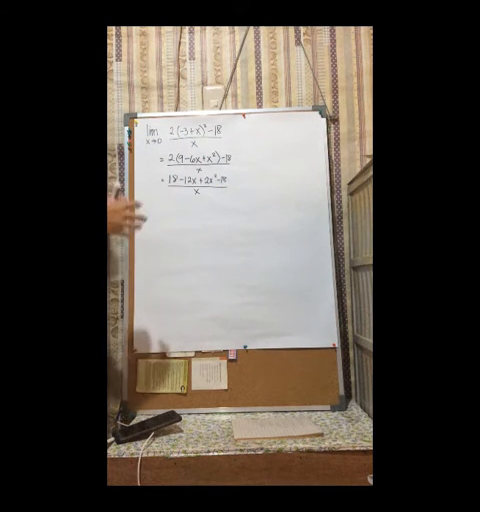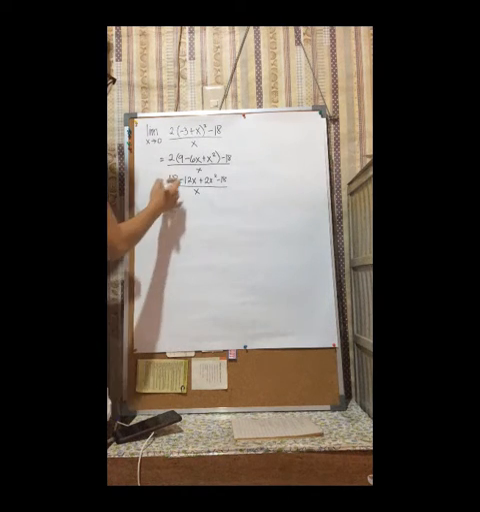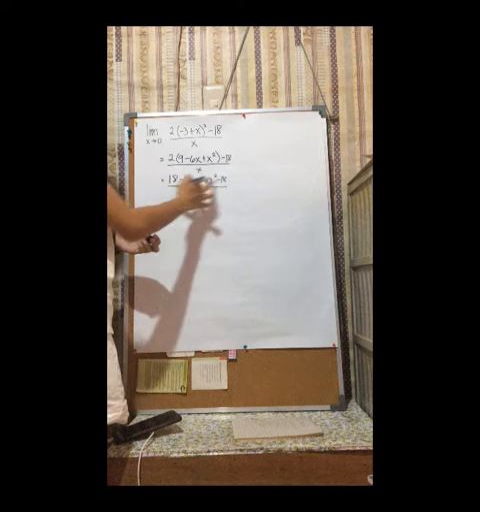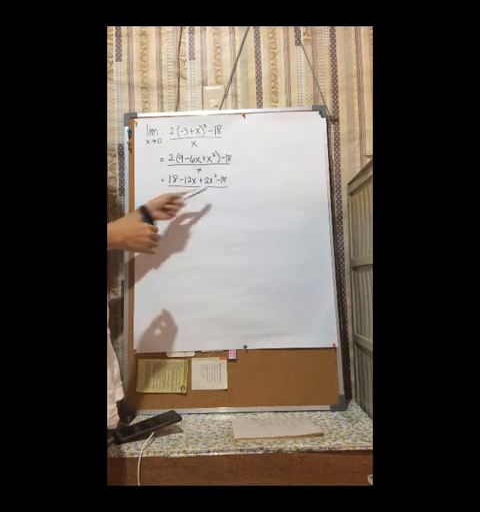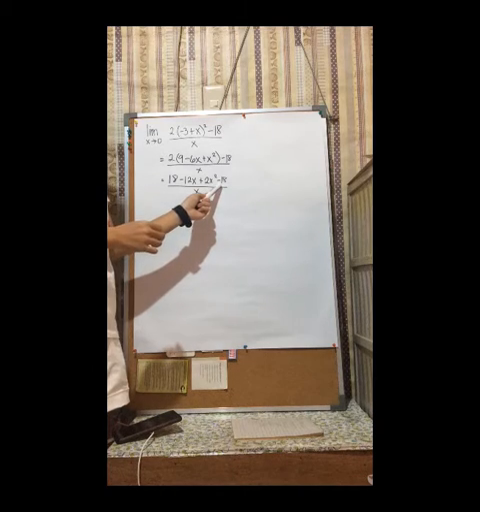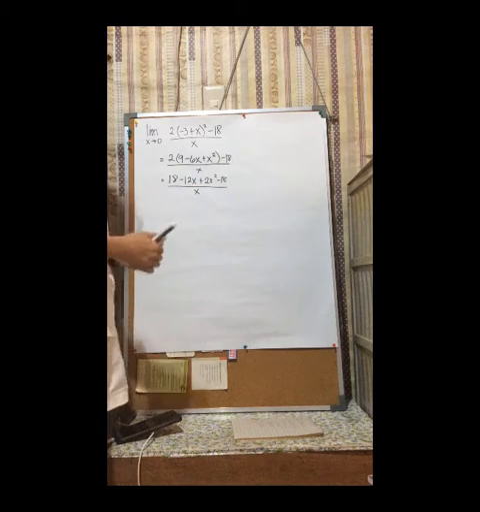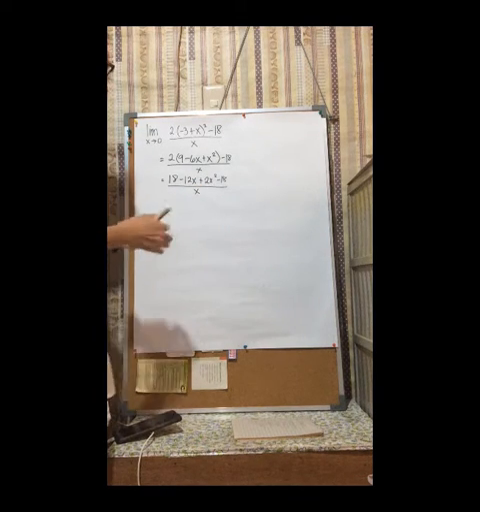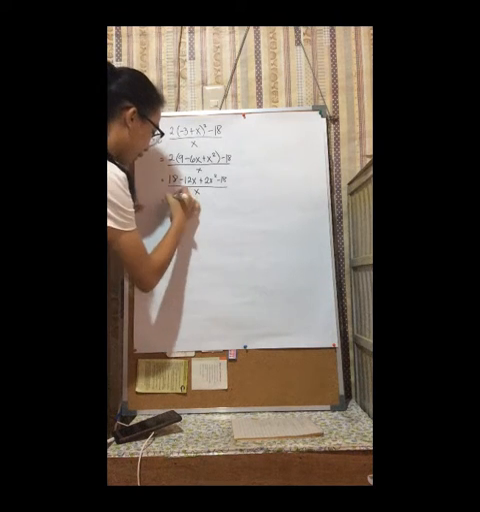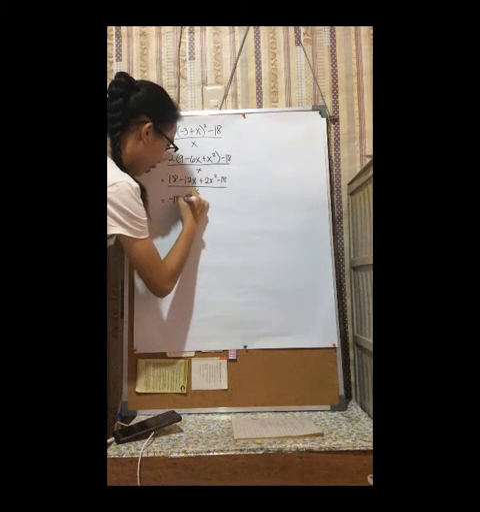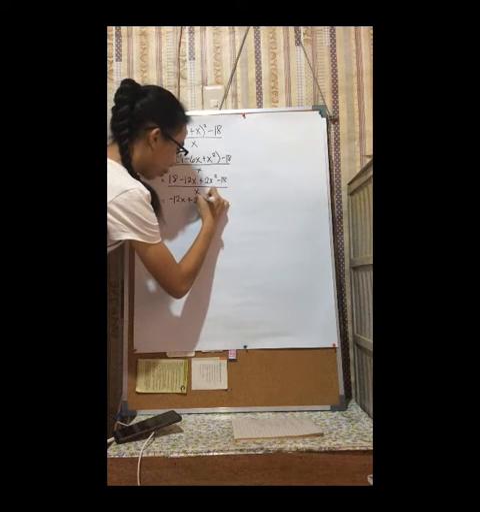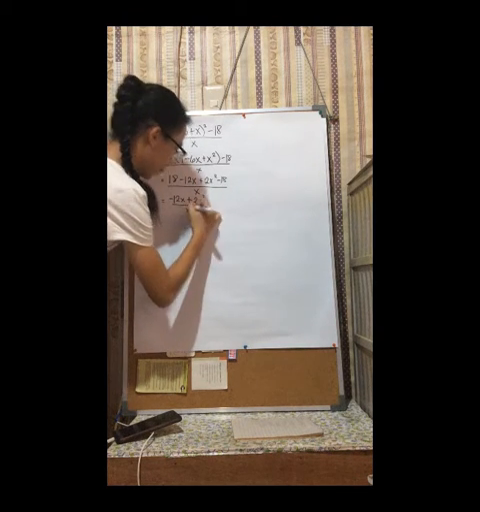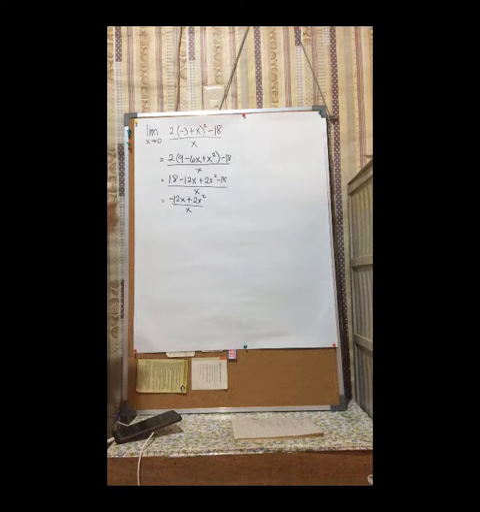Next step is to combine the like terms. We have these two constants, positive 18 and negative 18. If we combine, positive 18 minus 18 is automatically 0. So what's left is negative 12x plus 2x squared over x.